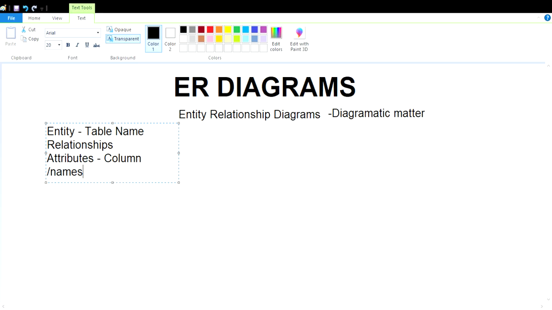These are also called properties of tables. Those are called attributes. In today's class we will discuss the different types of entities and different types of relationships in the DBMS.